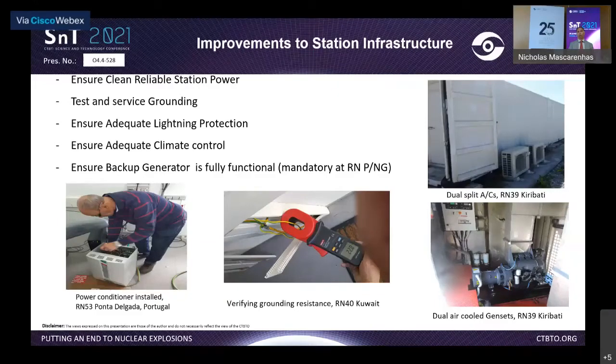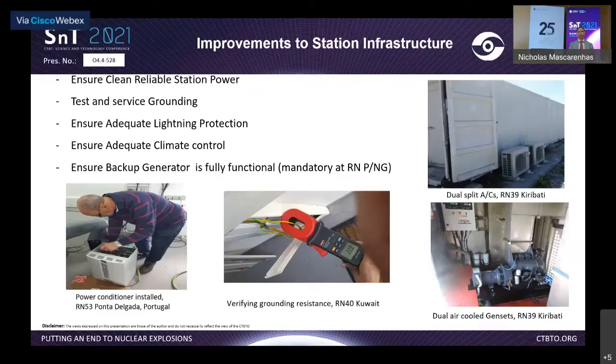Also, power and grounding is really important. So we need to make sure that the grounds, when they are in place, are serviced regularly and tested. In the middle picture you can see a test being done to measure the grounding. When it's out of spec, then of course we will take measures to improve it, to bring it back into spec or replace it if it needs to be replaced.